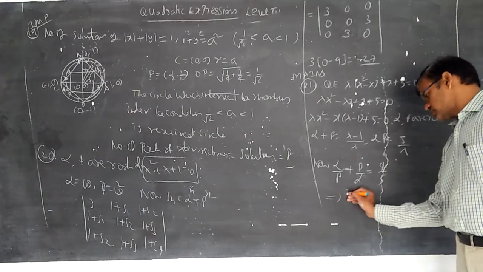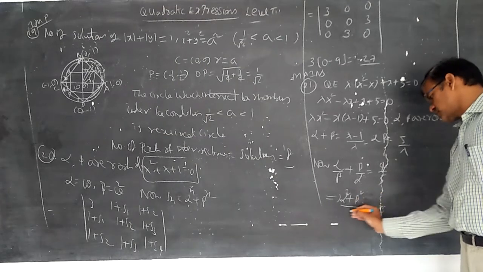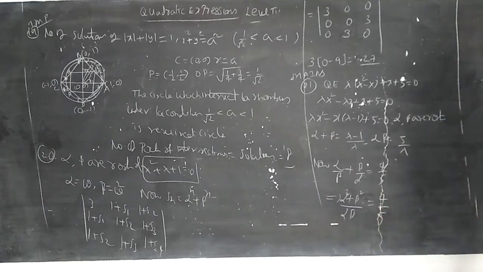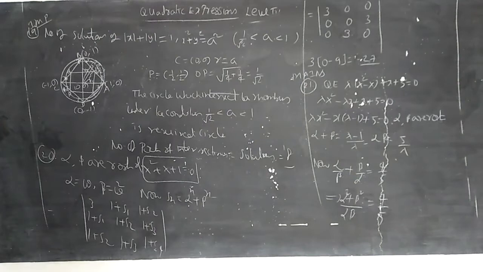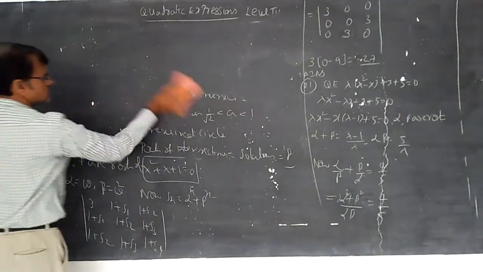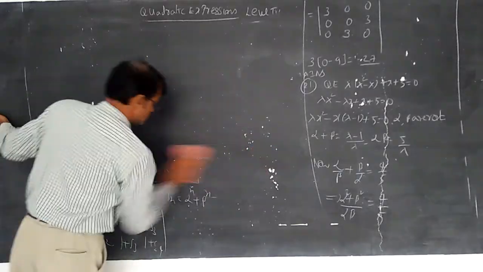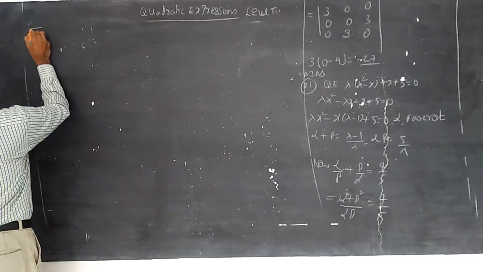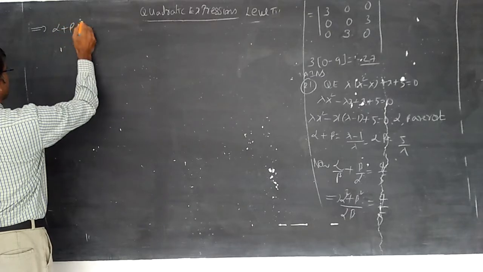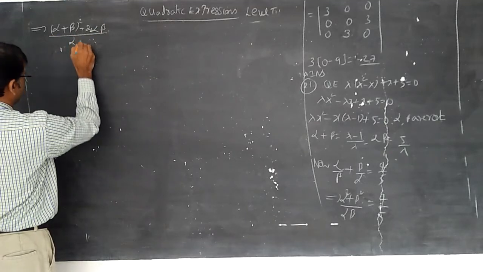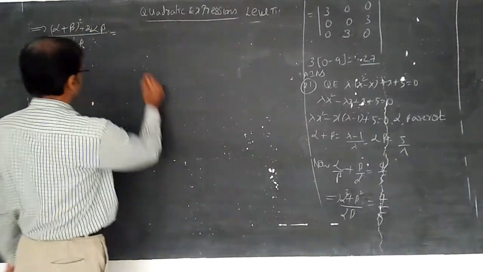That implies alpha square plus beta square by alpha beta is equal to 4 by 5. Alpha square plus beta square is alpha plus beta whole square minus 2 alpha beta. So we can write alpha plus beta whole square minus 2 alpha beta, whole by alpha beta, is equal to 4 by 5.